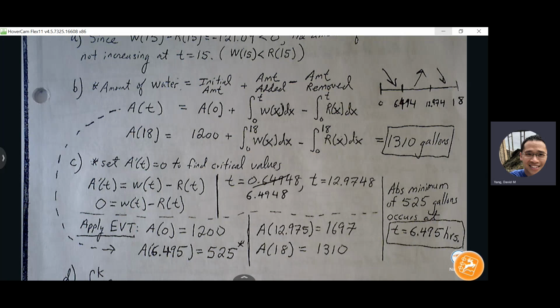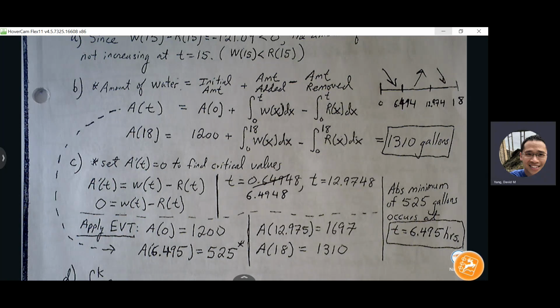I also did 12.975, but I didn't need to because this is a relative max. At the very least, these are 3 candidates I'm looking at: 1200, 525, and 1310. And 525 is the absolute minimum.